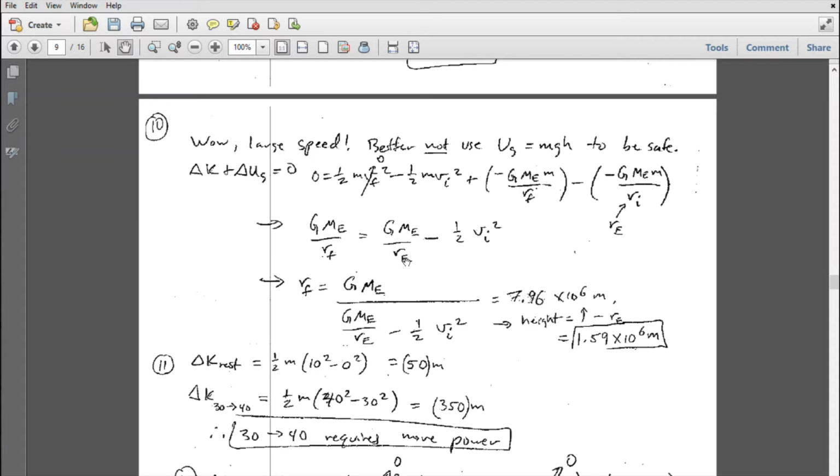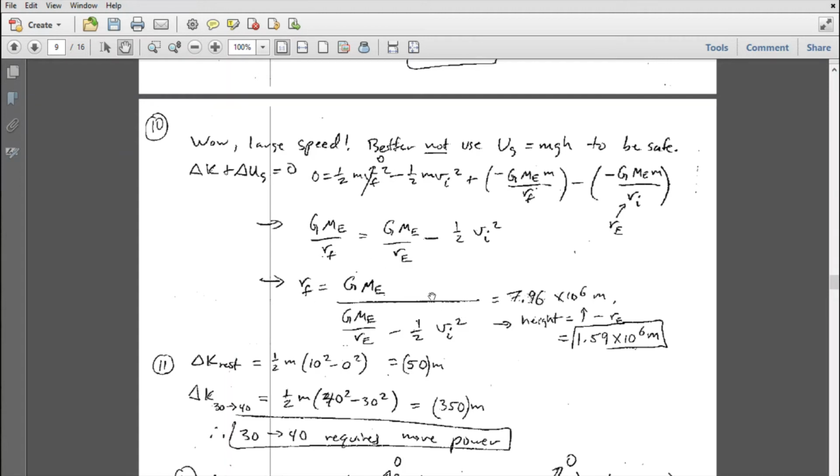And then you can either cross multiply, or you could say, well, if these two sides are equal, then the reciprocals of them are equal. So that means RF over GME is equal to 1 over this right-hand side. Solve for RF by multiplying by these two things.